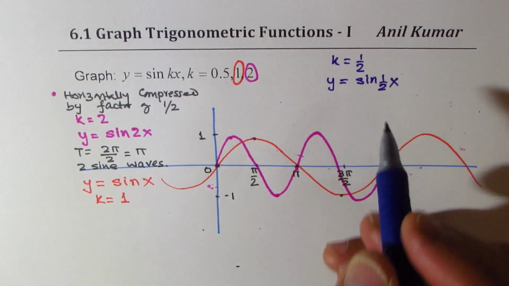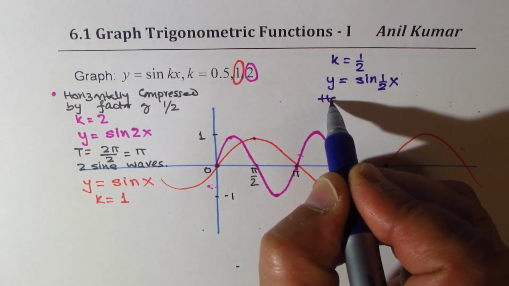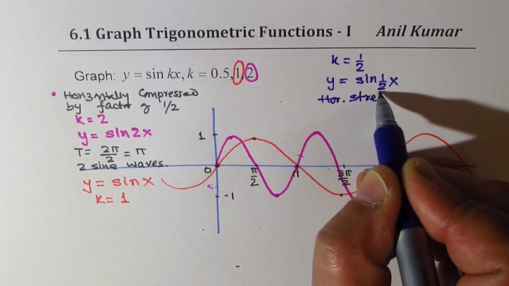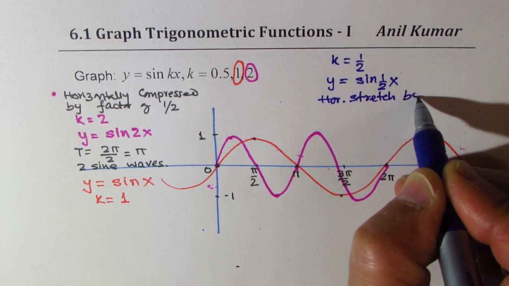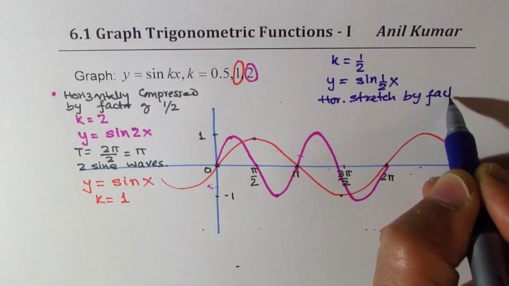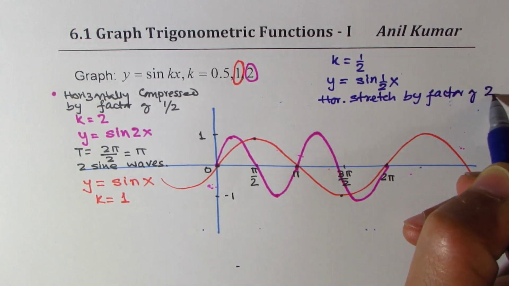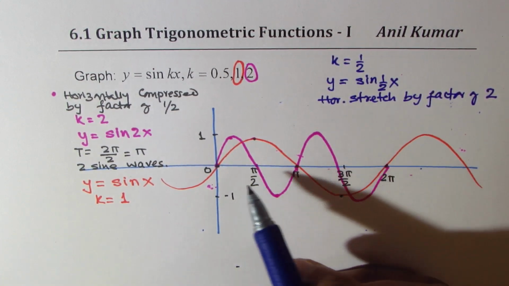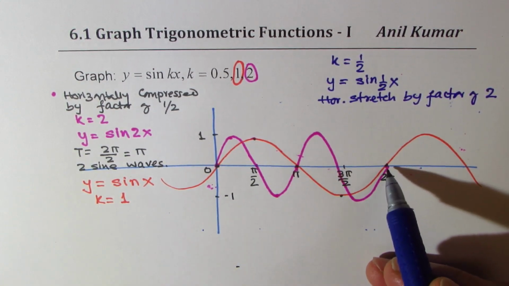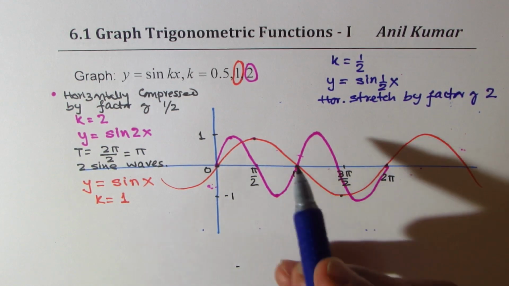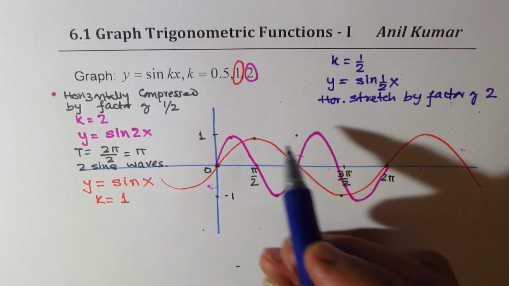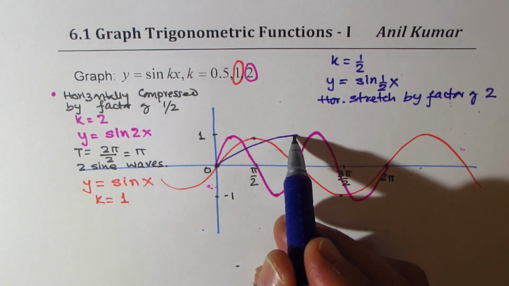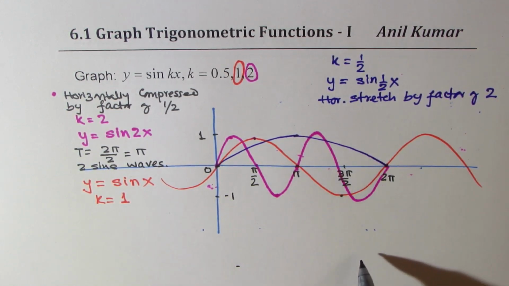Now that really means we have a horizontal stretch by a factor of 2. So this time the wave actually stretches and only half the wave is up to this point. So this time the wave will be kind of like this.